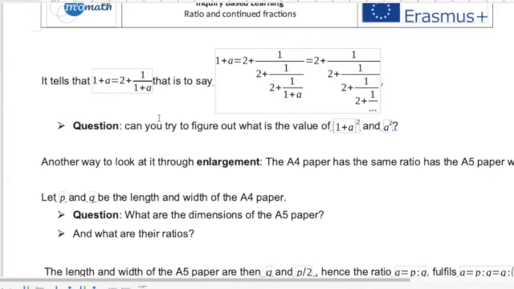What has a nicer continued fraction is 1 plus, and then 1 plus, each time you find, you see, because here this strip here is 1 plus what we have.